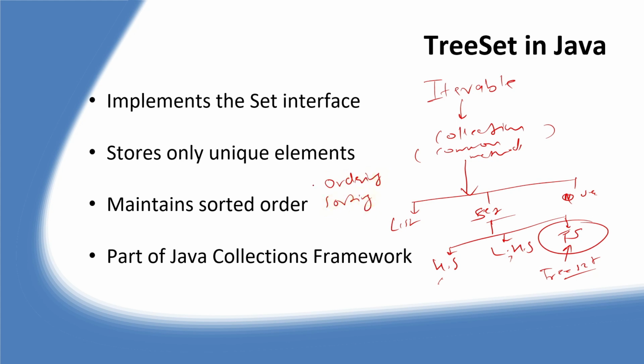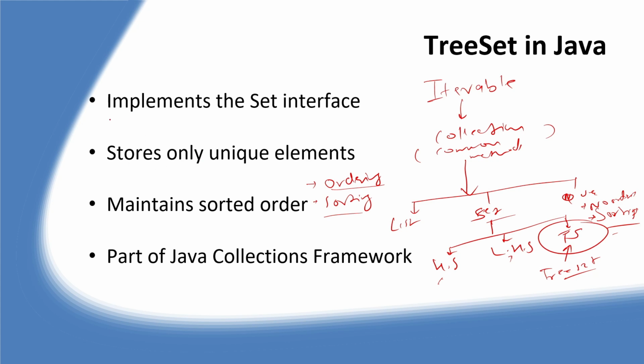Ordering means insertion order, the order in which elements are inserted into a collection. If it maintains that order, we say it maintains insertion order. Sorting means it can be either ascending or descending. So TreeSet provides sorting and no ordering. It does not provide any order, but it provides sorting.